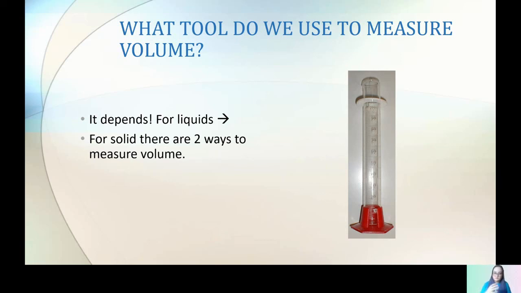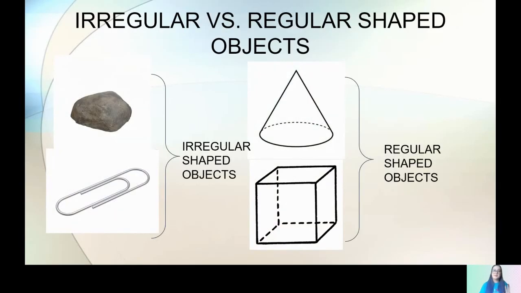So for solids, there are two ways to calculate or measure the volume. It depends on whether they are regular shaped or irregular shaped. Regular shaped objects are things like cones and cubes and cylinders and spheres, where you can mathematically calculate the shape of the object. Then you have irregular shaped objects like a rock or a paperclip.